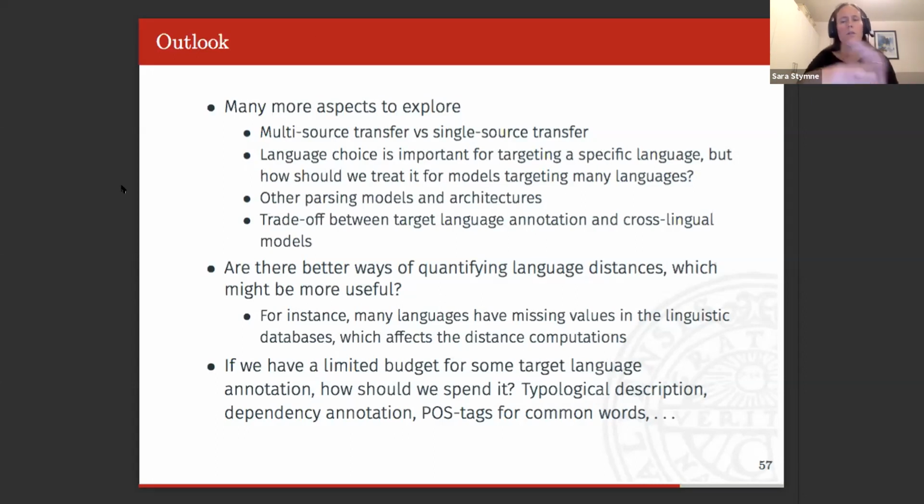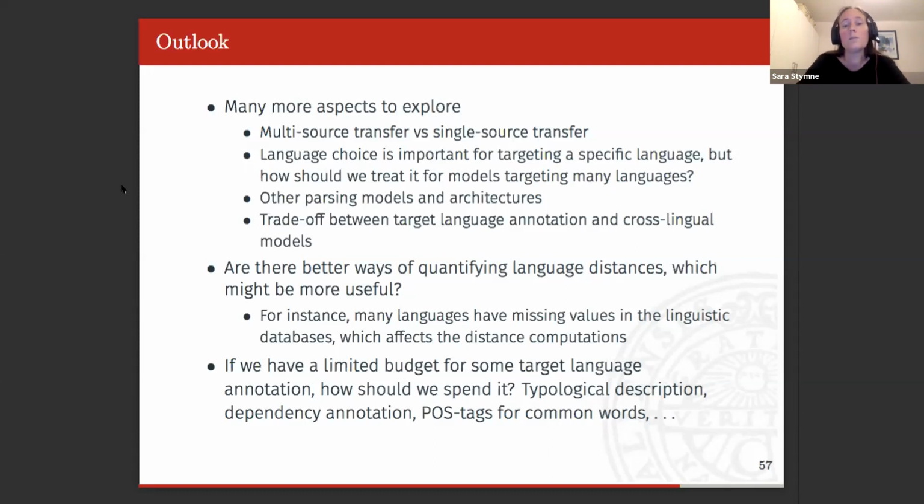Is it better to choose all by the same criteria? Maybe by just choosing, say if we want 3 languages, the 3 most closely related languages? Or is it better, in that case, to choose a more diverse set of languages, maybe one genetically close, maybe one geographically close, and maybe one with a low syntactic distance or with a high word overlap or something like that. And that's still to be explored.